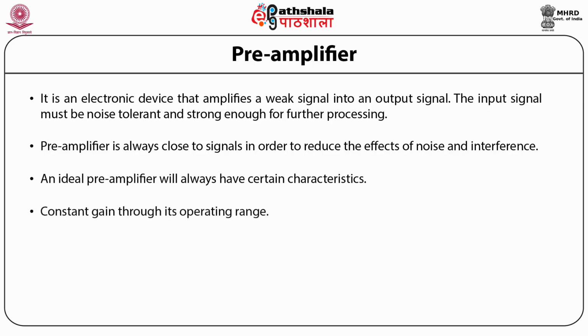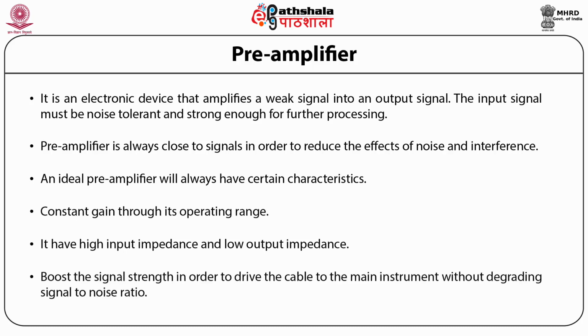There should be constant gain through its operating range. It should have high input impedance and low output impedance. It should be able to boost the signal strength in order to drive the cable to the main instrument without degrading the signal to noise ratio.